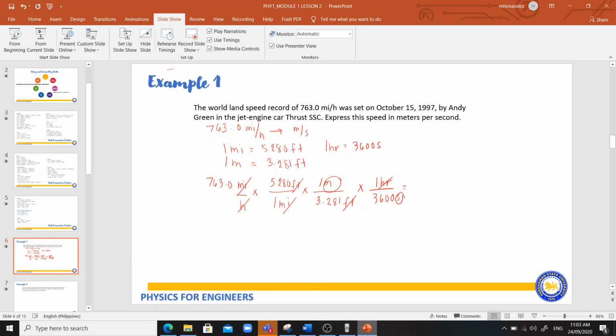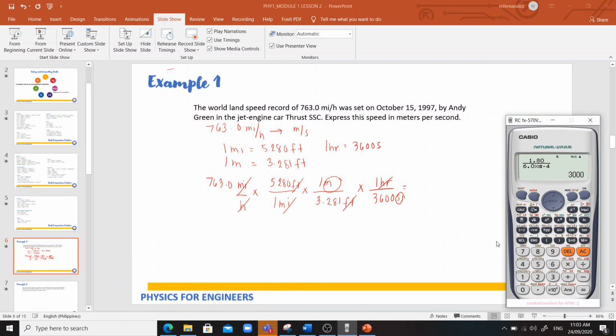Meron akong calculator here. Sabi niya ay 763 times 5280 times 1, divided by 3.281 times 1 over 3,600.